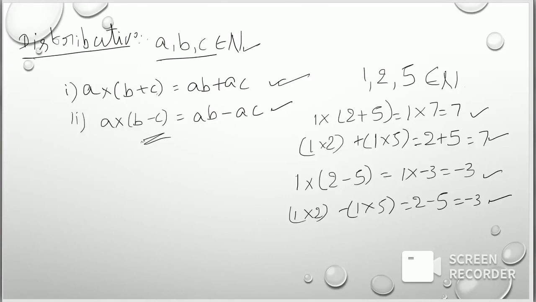Then these two values are also equal, so the distributive property is satisfied. If you have a doubt that the result is negative and not a natural number, how does it satisfy? That is not a problem. You take only natural numbers; the result can be any number.